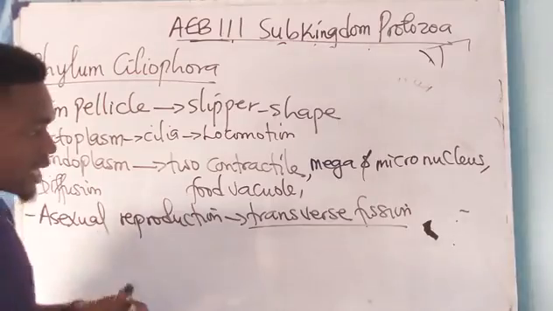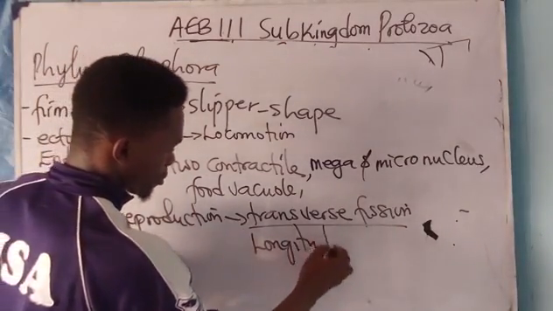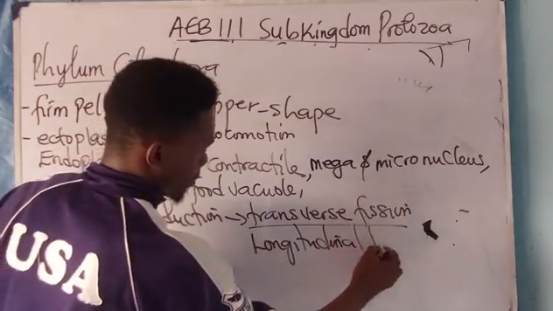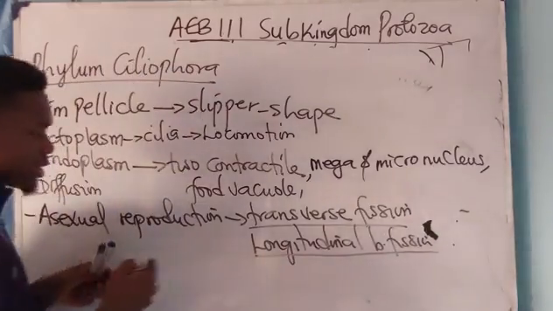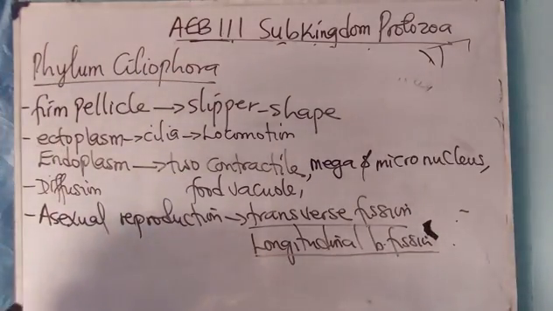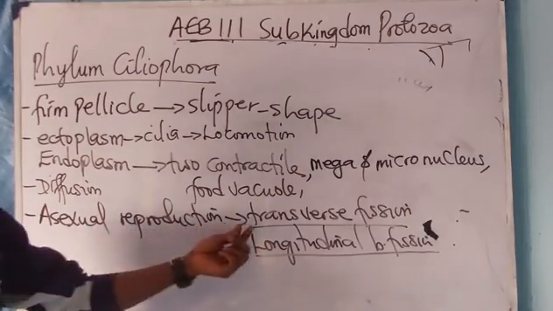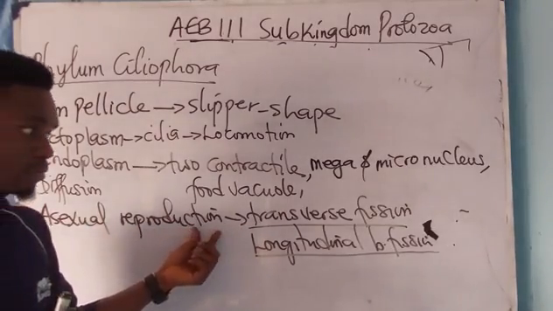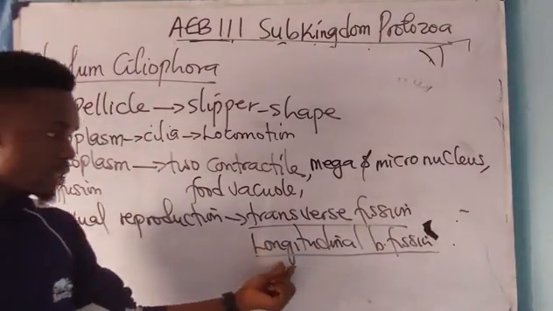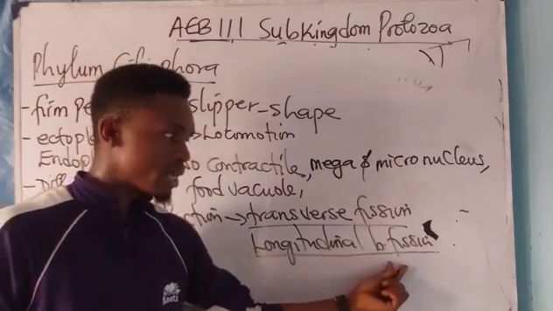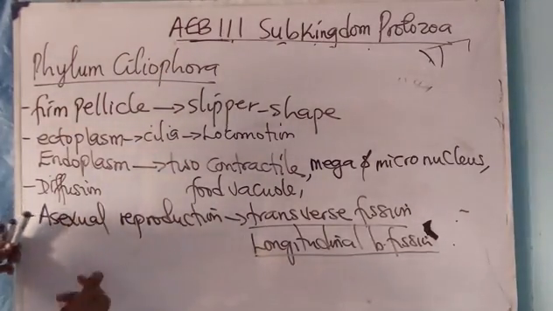But in Euglena, it is longitudinal binary fission. I'll explain again and again. Reproduction in Paramecium is transverse fission, but in Euglena it is longitudinal binary fission.